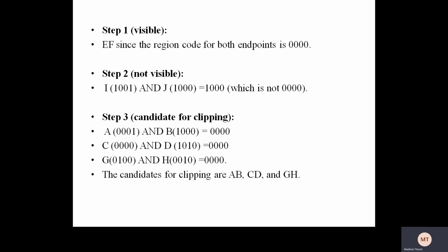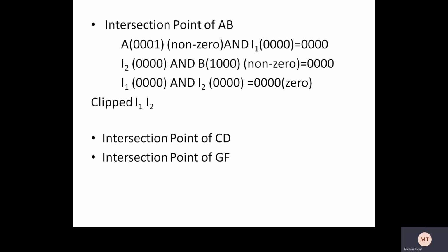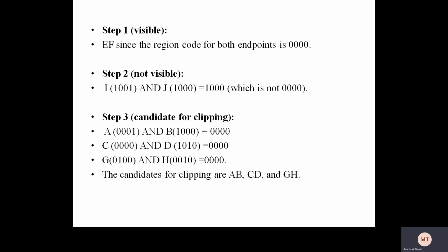So we select these three lines, AB, CD and GH, and then calculate the intersection point for each and every line. First of all, we calculate the intersection points for the AB line. The bit code for point A is 0001 and the bit code for point B is 1000.